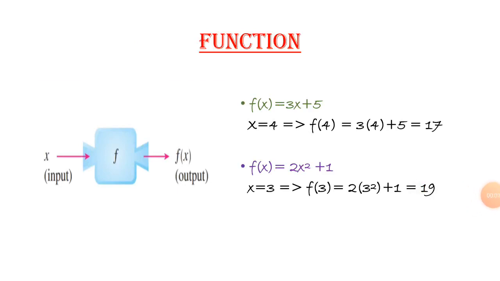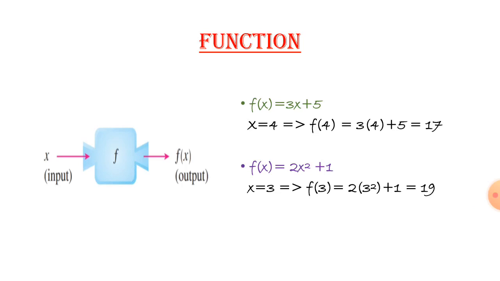A function may be considered as a machine. x is given as an input to the function. The function processes that x and produces f of x as an output. For example, f of x is equal to 3x plus 5.